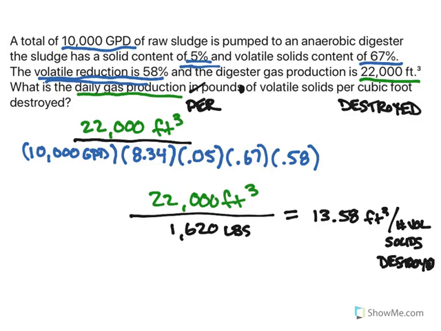Again, problem number 2, problem number 5, and problem number 7. What we're trying to calculate here is how much digester gas is produced per pound of volatile matter that's destroyed in the digestion process. So that's how you set the problem up. Good luck with that one.